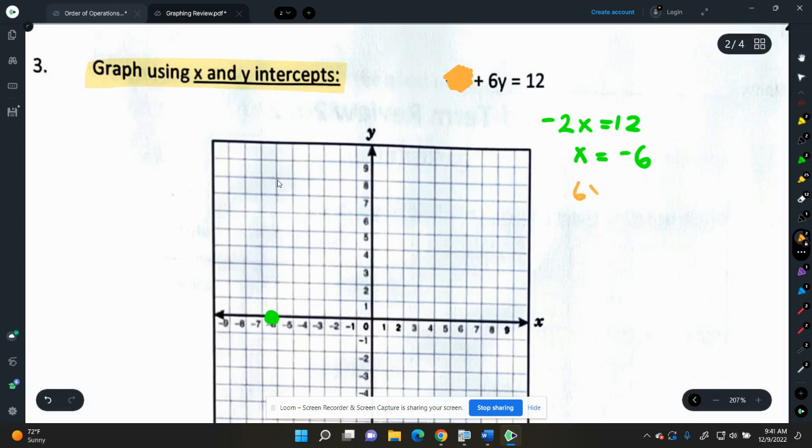So now I have 6y equals 12, so y equals 2. And what do I do with that, D'Angelo? You're going to graph that on the y-axis. On the y-axis. Very good. So there's my 2 points. I only need 2 points. And there's my line. Okay?